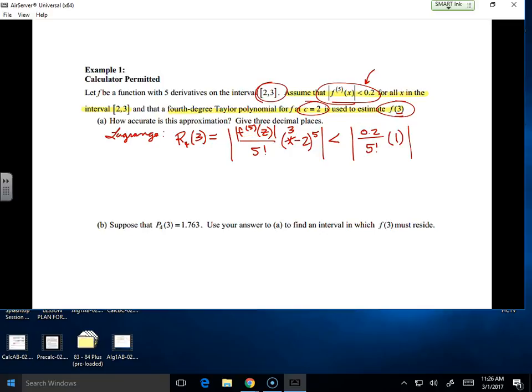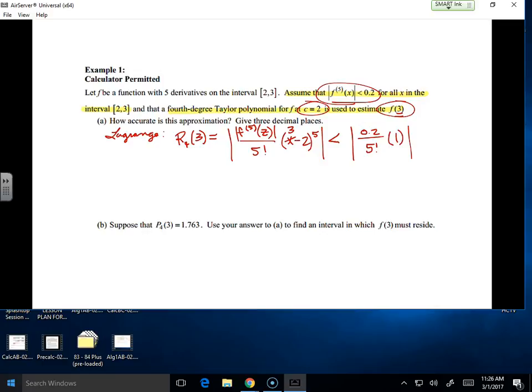Right? So are we plugging in 0.2 for the 5th derivative, because that's the highest it could possibly be in the interval 2 to 3? And not even the highest, because it's not or equal to. So we just have to use what they gave us. We know nothing else. We don't know the function, we don't know the series, we know nothing. Right? So that's the answer?